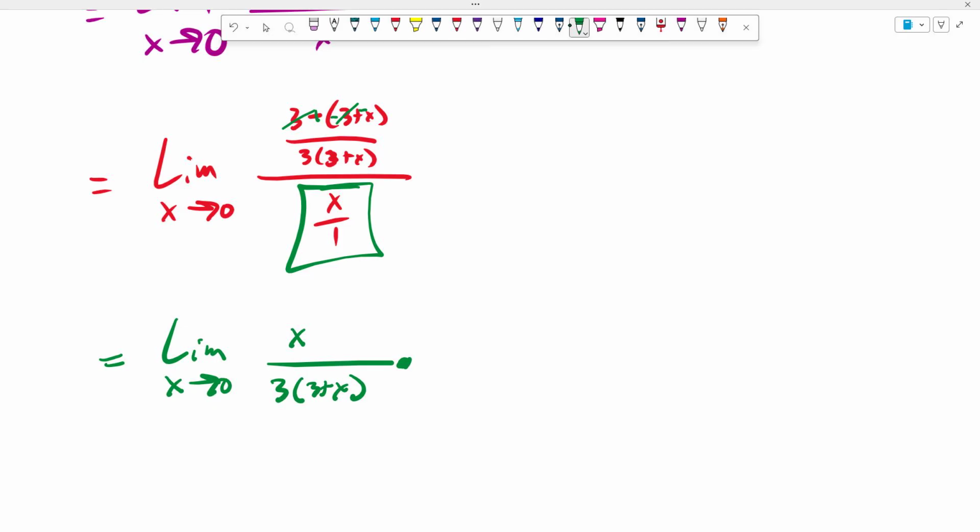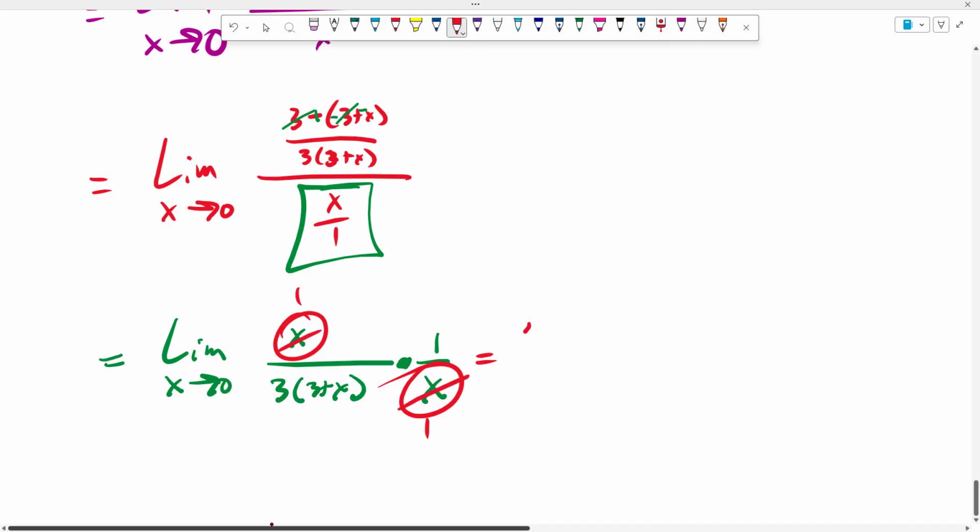That's what division is. And then what happens? We have a common factor, so it simplifies. Now we directly substitute in.